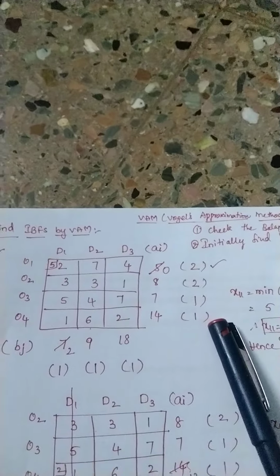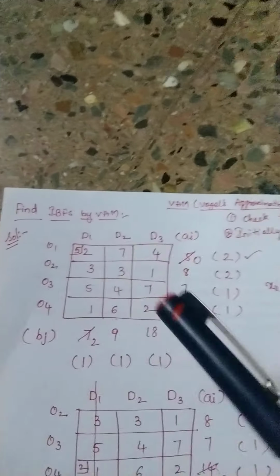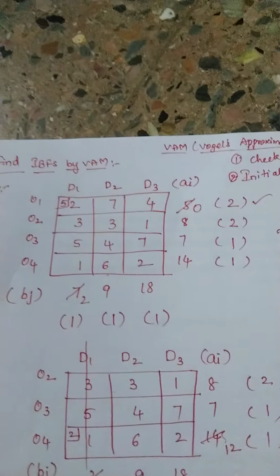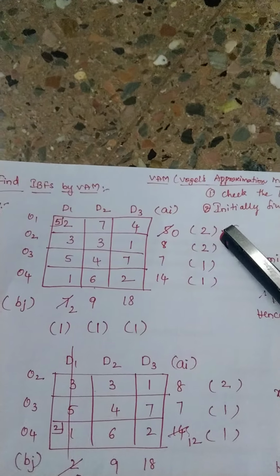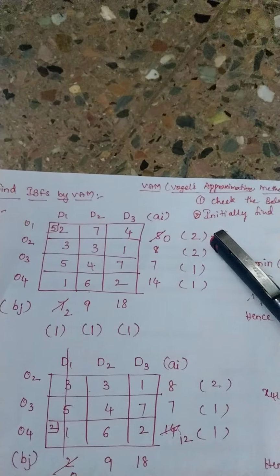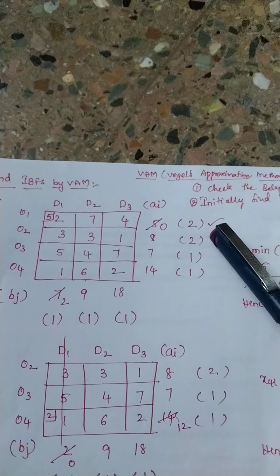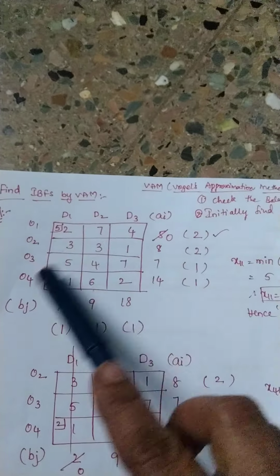Similarly, we find the penalties for the origins and for the destinations. Now one question arises. We have to check the highest penalty throughout the origins and throughout the destinations. So what is the highest penalty here?